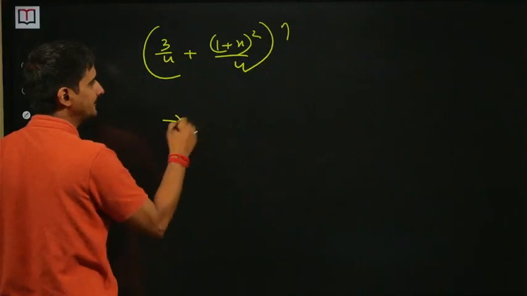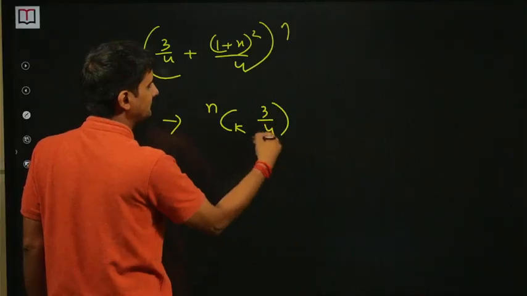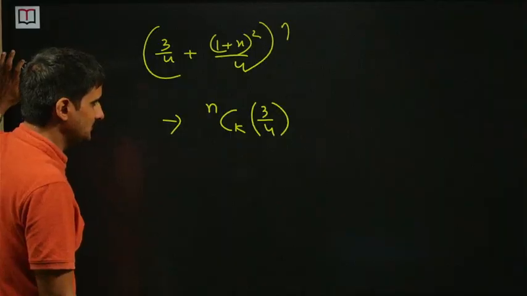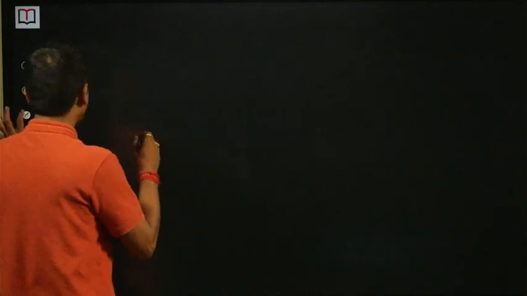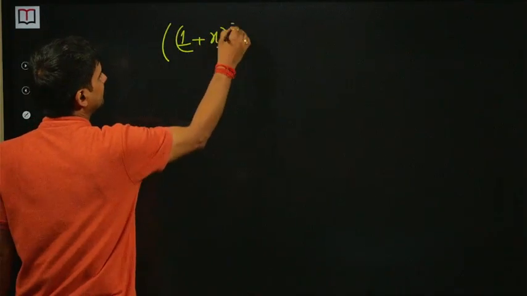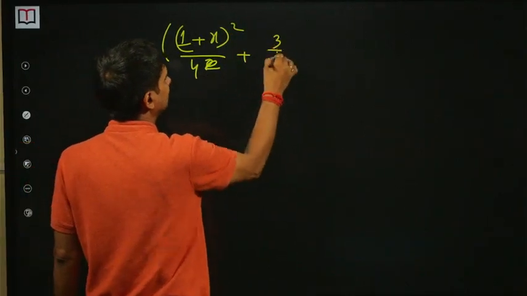Let's write the general term: nck 3 by 4 raised to the power n minus k, which we needed there. So that's why I chose to write it in this form, the reverse order, 3 by 4 plus the other part, raised to the power n.